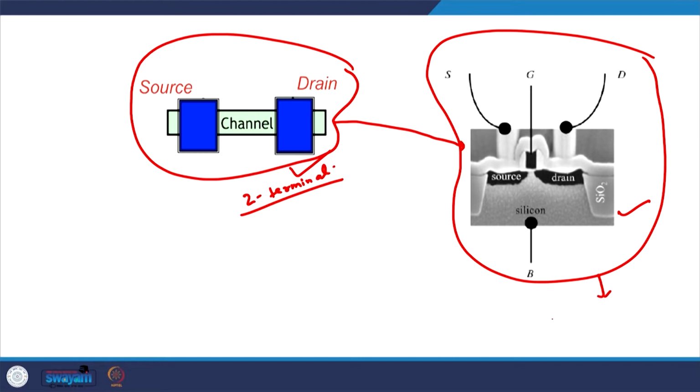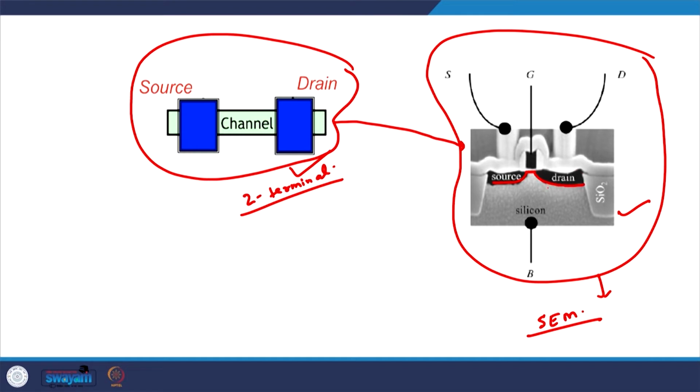This is the scanning electron microscope image of the MOSFET. This is how it actually looks, and as you might have already noticed, and I highlighted this in the last class as well, the channel region in an actual device is extremely small as compared to the source and the drain regions.